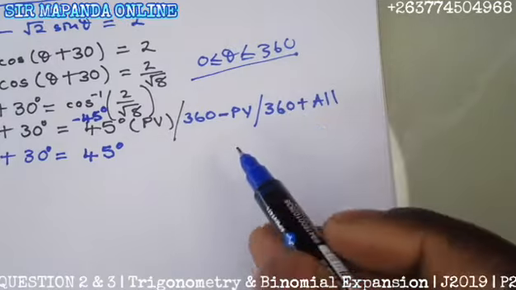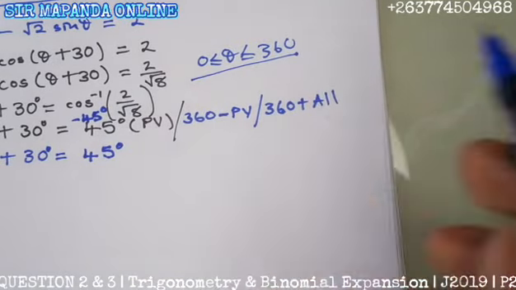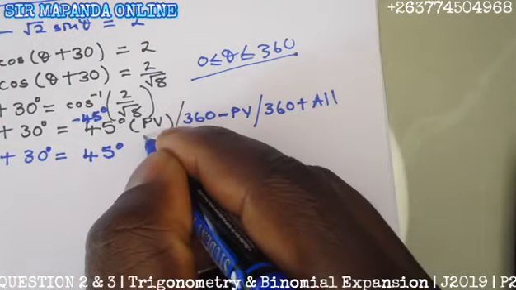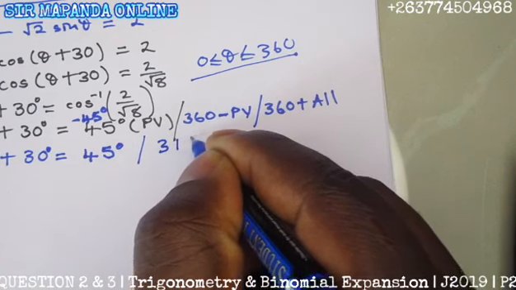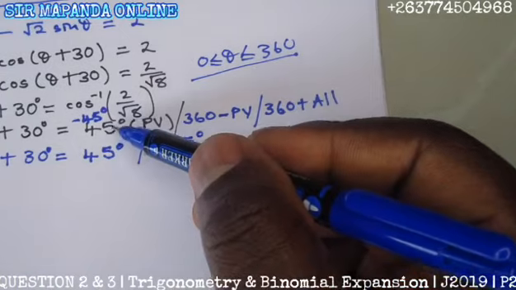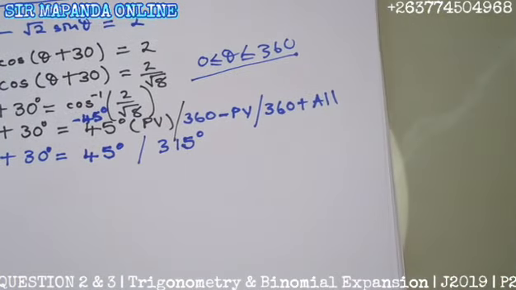Let us proceed. 360 minus 45, what do you get? 360 less 45, you get 315. This is the second angle. Then 360 plus 45, you get 405.